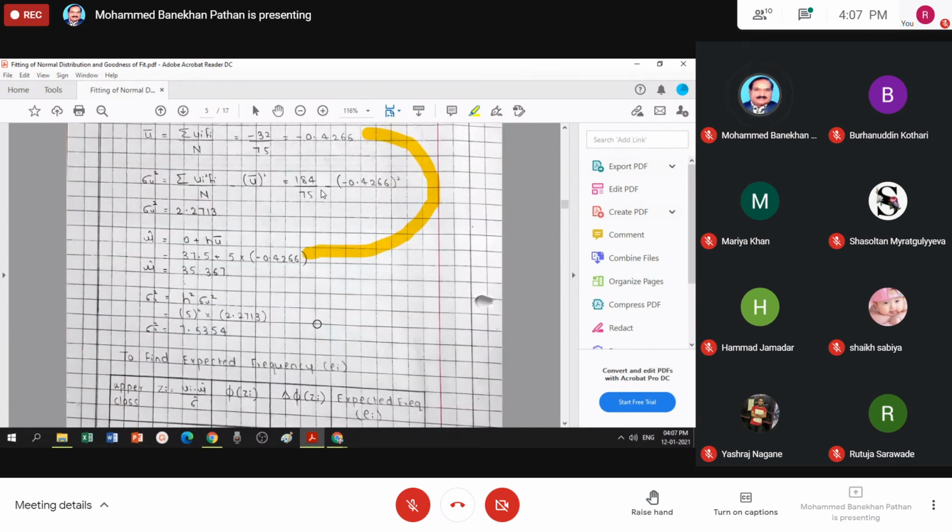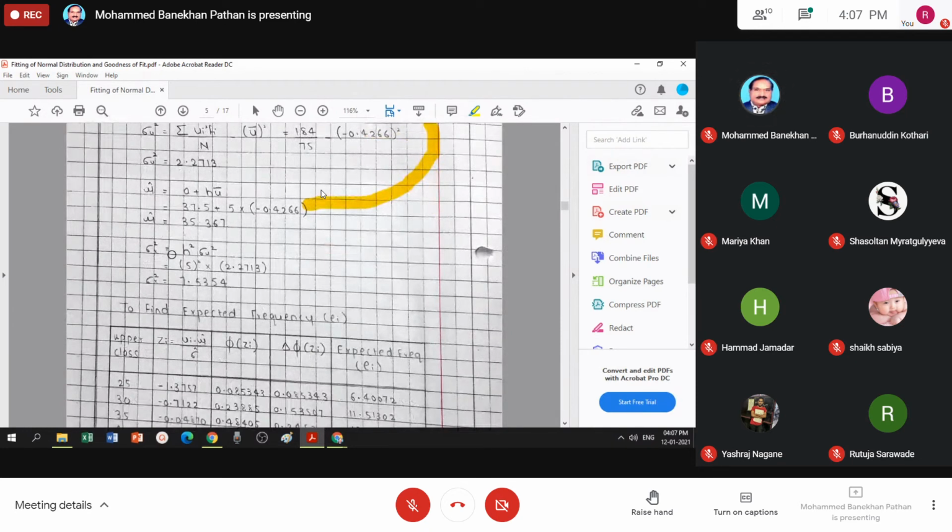Then I will get sigma squared x, equal to the square of h multiplied by sigma squared u. Square of h means 5 squared. Put sigma squared u here. Hence, I get sigma squared x as 7.5354. So I have the value of mu cap as a parameter, and the value of sigma squared x as a parameter.